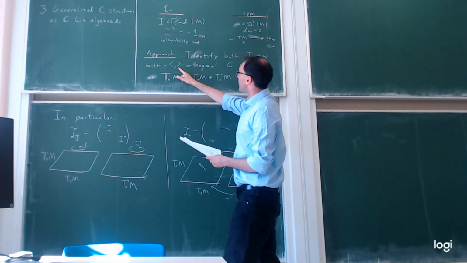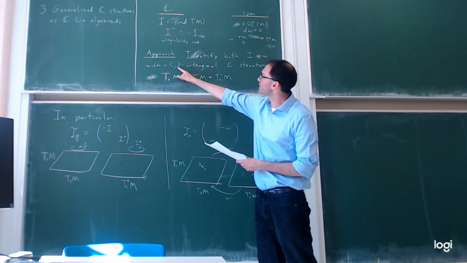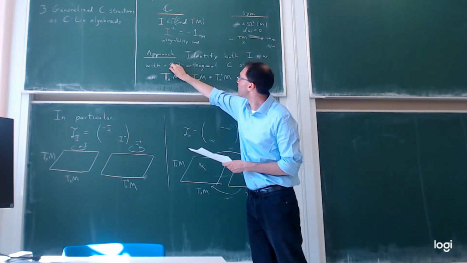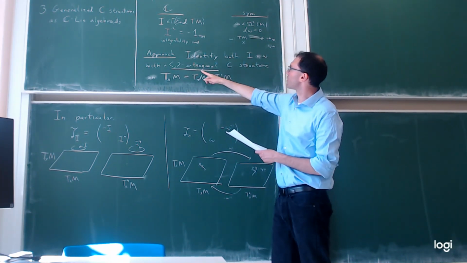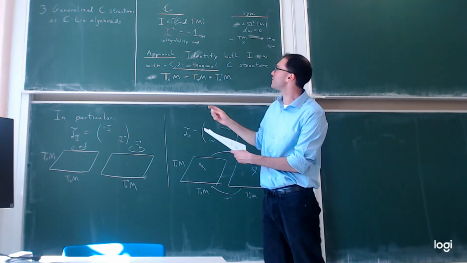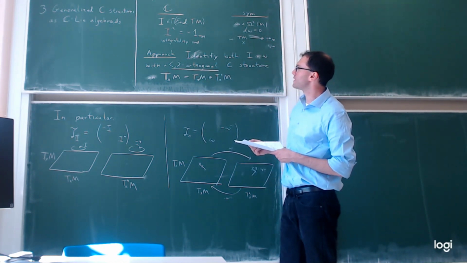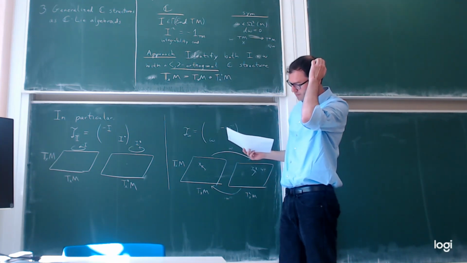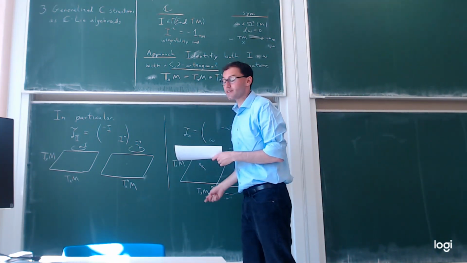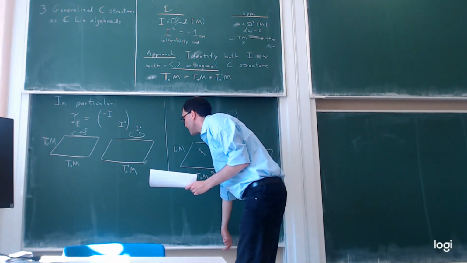I should explain this term. I said bracket orthogonal complex structure on the extended tangent bundle. These brackets refer to the canonical bilinear pairing on the fibers of the extended tangent bundle, and it's given as follows.